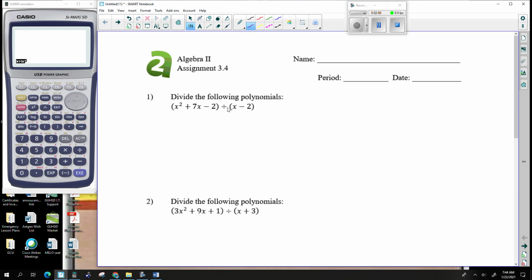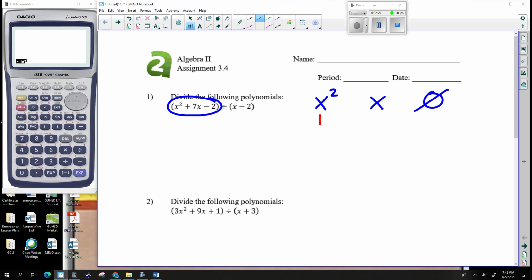Okay, the numerator, this number right here. What we do is we write that numerator beginning with the largest exponent. So here we have x squared, x, and a normal number. In synthetic division, we write down purely the coefficient, the number next to each term, going all the way down to the normal number.